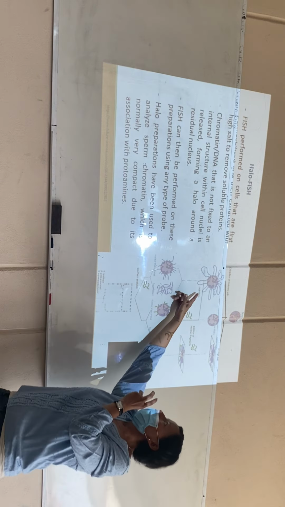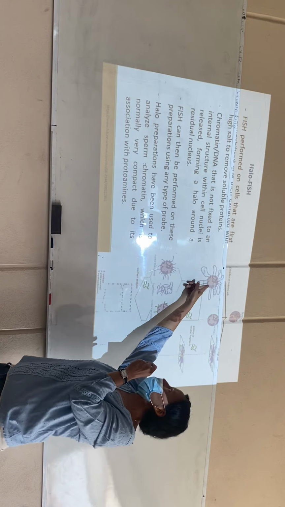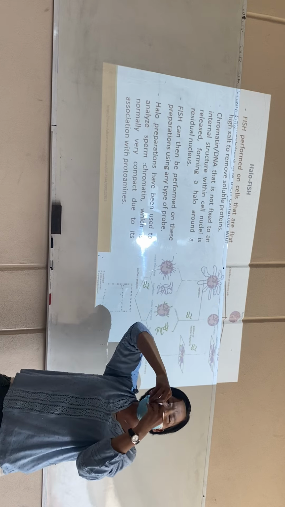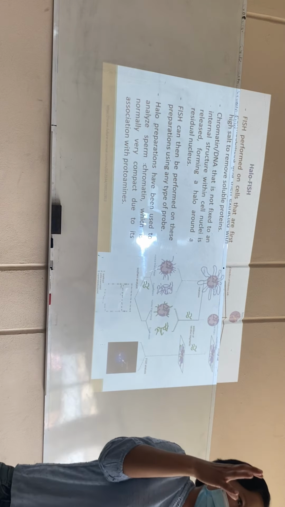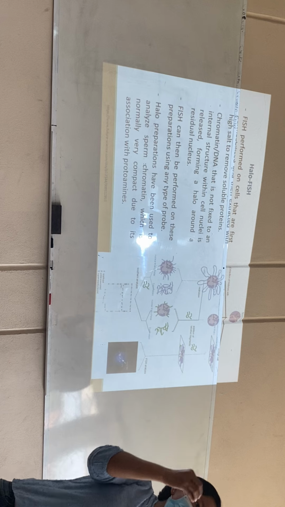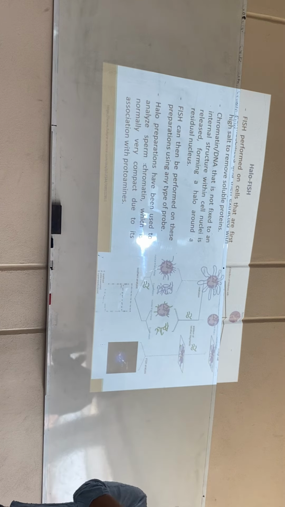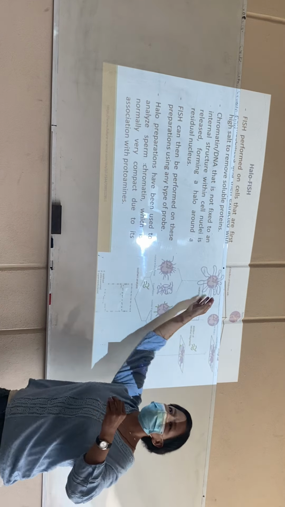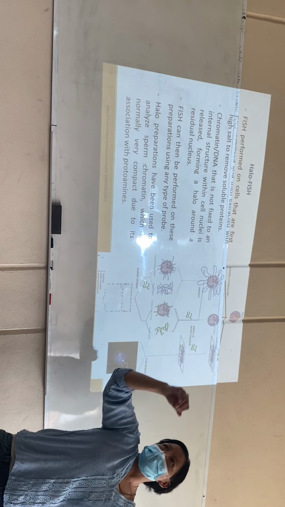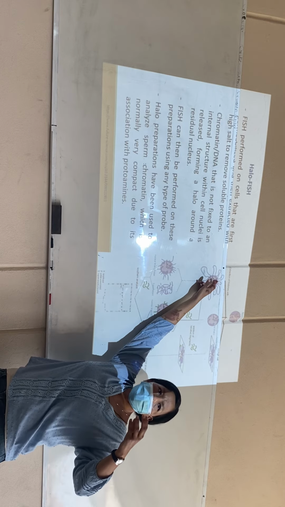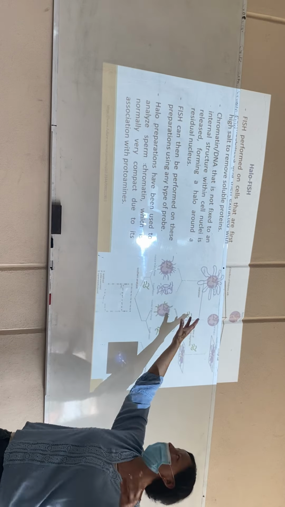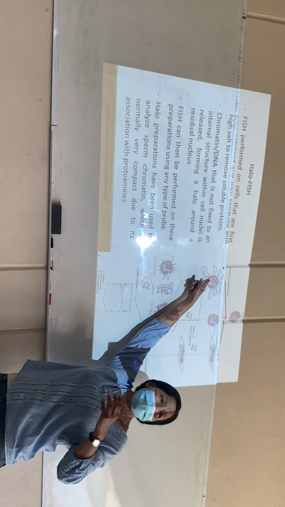And then, take a look. This is already fixed inside the nucleus. The nucleus is not totally destroyed. It's partially destroyed only in the nuclear envelope. And that's why the chromosomes can leave a little bit of the nucleus. But they are not abandoning the nucleus because they are still attached to it.